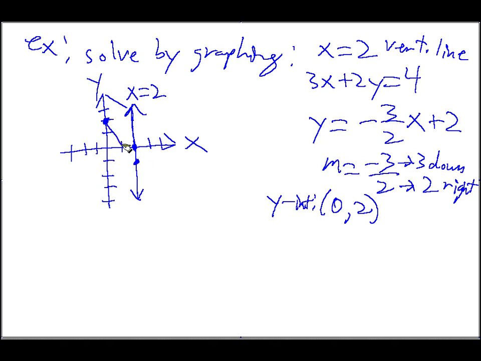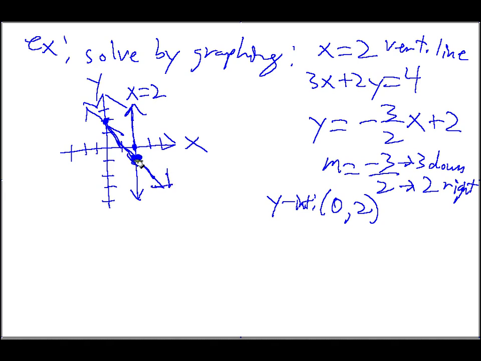So there is where they cross, right there at that point. If I can just make a straight line, that would be nice, but I'm having a hard time with this on the sketch pad, so bear with me. I apologize for that. This is the point where they cross.